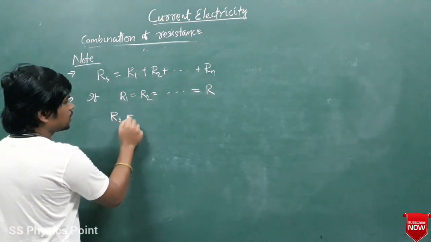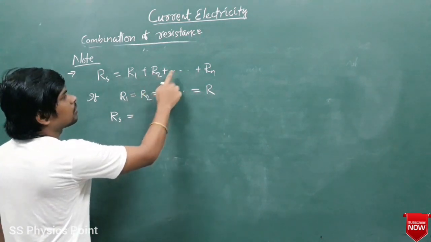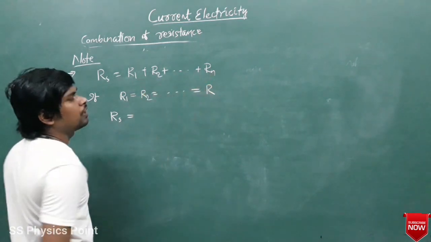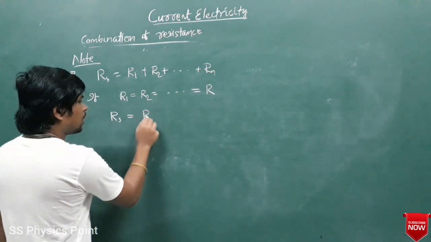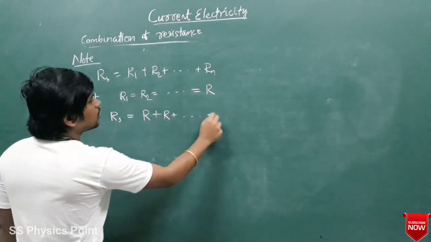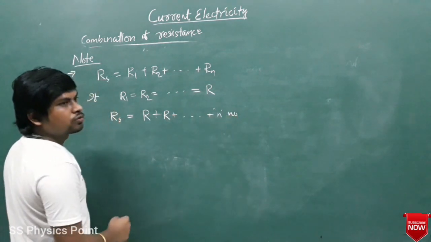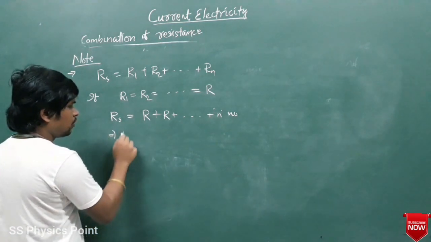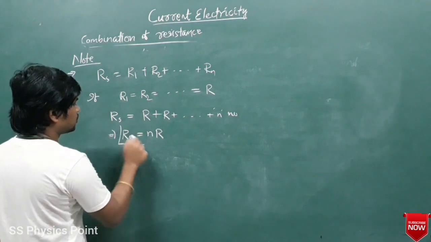Then the equivalent resistance Rs will be how much? R plus R plus R plus R, N number of resistor. So ये कितना हो जाएगा R plus R plus up to N नंबर. तो ये कितना हो जाएगा Rs will be how much? N times of R. Remember this one.